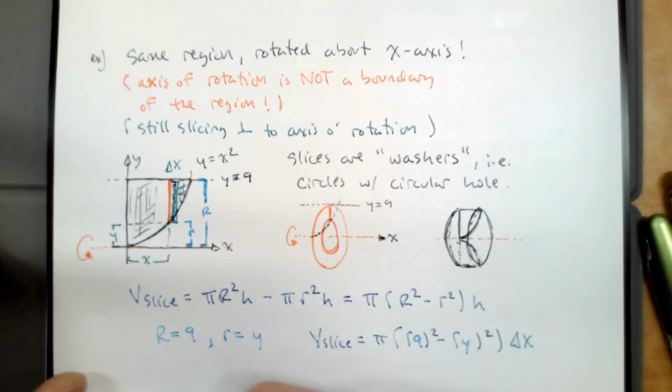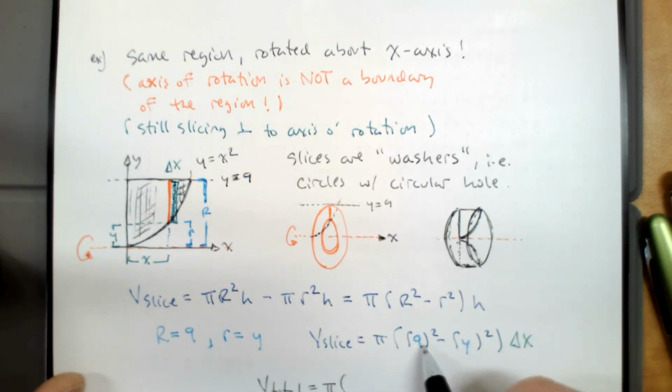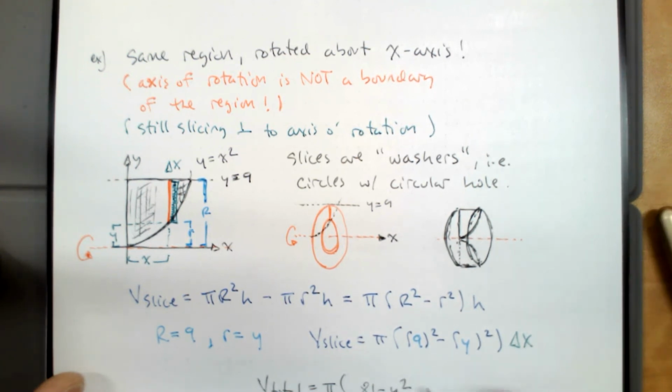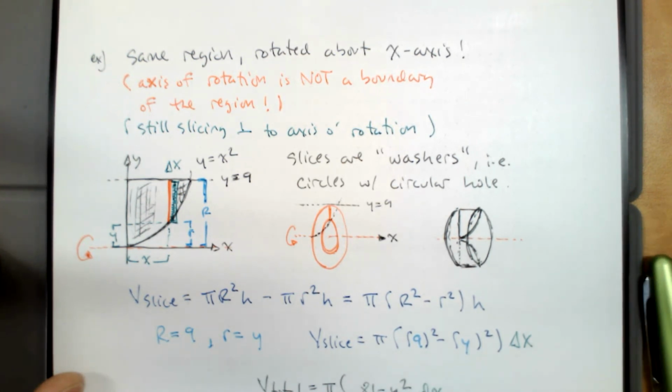So the V total, I'm going to factor out a pi and simplify 9 squared minus y squared. My discrete delta x becomes a continuous dx.